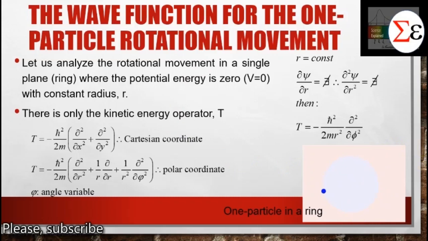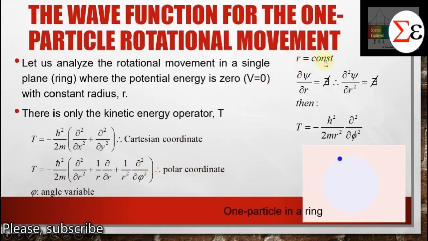In this case, there is only the kinetic energy operator T. The kinetic energy operator can be described in Cartesian or polar coordinates, but it's wiser to use polar coordinates in this case. We see here phi, which is the angle variable.